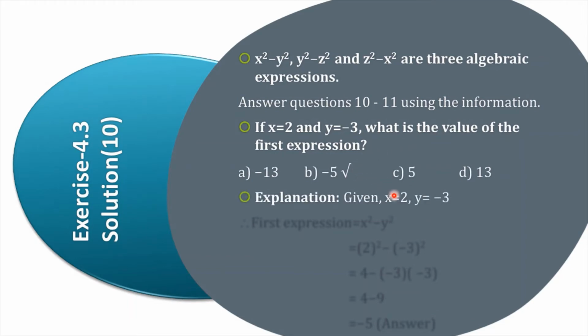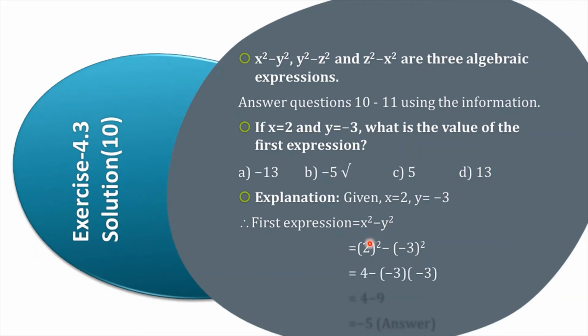Explanation: given x equals 2 and y equals minus 3, my dear, if we put the values of x and y in the first expression, x square minus y square, then we can get, instead of x we can write 2 whole square, minus, instead of y we can write minus 3 whole square.